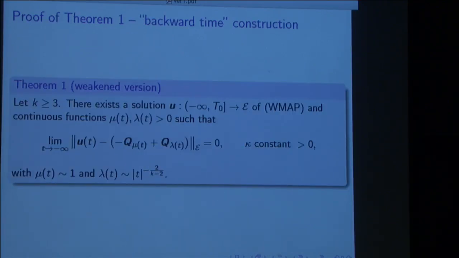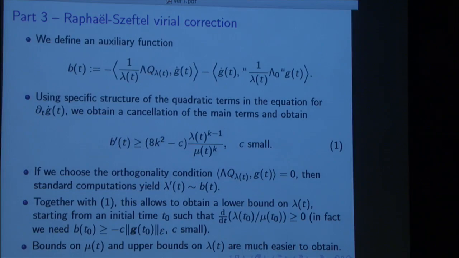Okay, so I wanted to show you how this is used in both theorems, but let me just say in 1 minute how it works. As I said, the solution can approach a two-bubble configuration, then defocuses again.